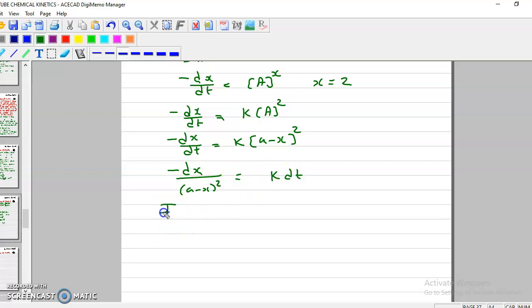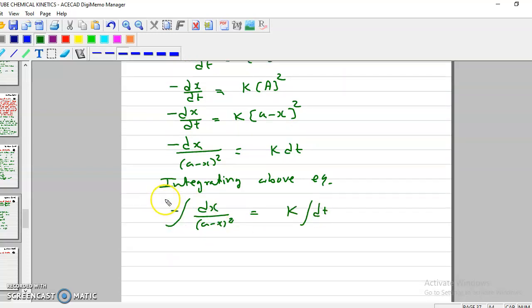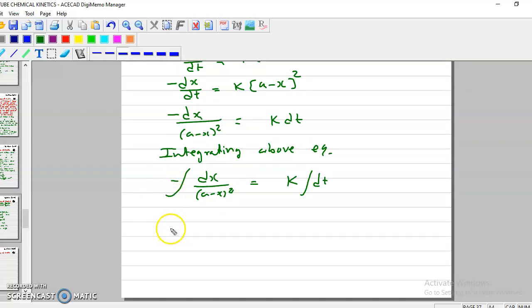Now integrating the above equation, we get dx by (a minus x) whole square is equal to k times the integration of dt, and the answer is 1 upon (a minus x) is equal to kt plus C, where C is the integration constant.